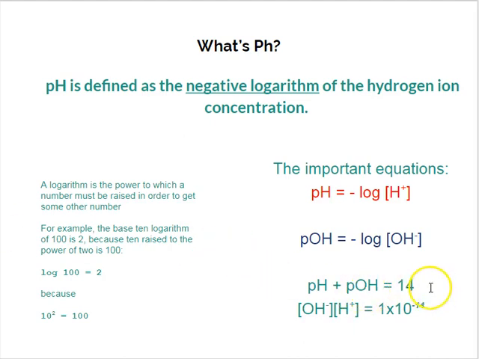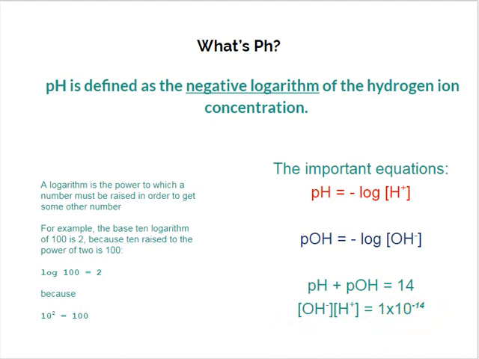And if we know the concentration of either the hydroxide or the hydrogen ion, we can determine the other, because the product of both of these concentrations must be equal to 1 times 10 to the negative 14th.